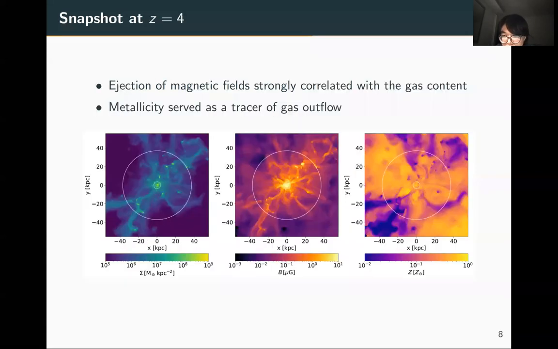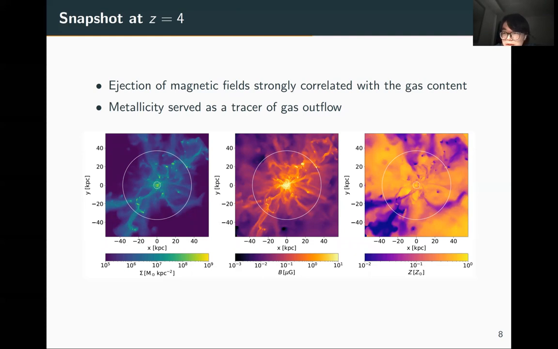And now, let's look at the galaxy at high redshift 4. The figures show the projected gas surface density, density-weighted magnetic field strength, and density-weighted metallicity. The white solid circle here indicates 1 virial radius, and the white dashed circle indicates the galactic disk.